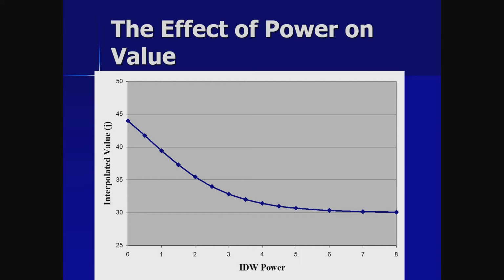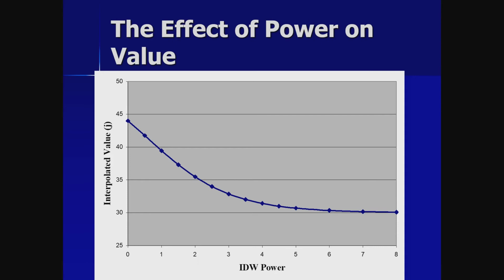So 1 would be linear, and if you go below 1, you're actually pulling back in the points that are further away. Because if you raise something to the 1/2 power, you're taking the square root. Okay? So as you go this way, you're pushing those points further and further out.